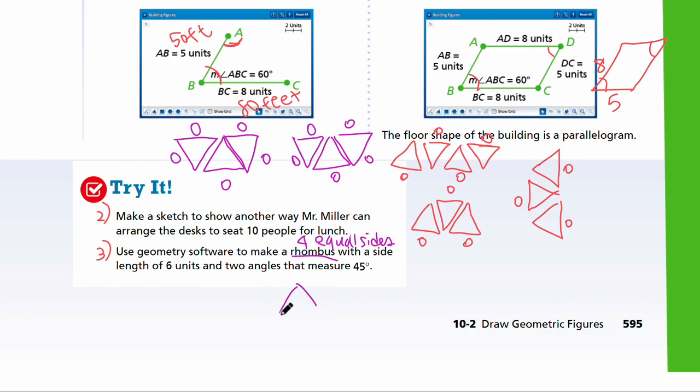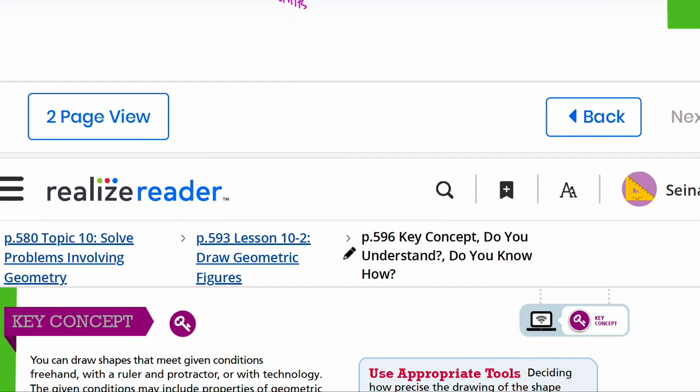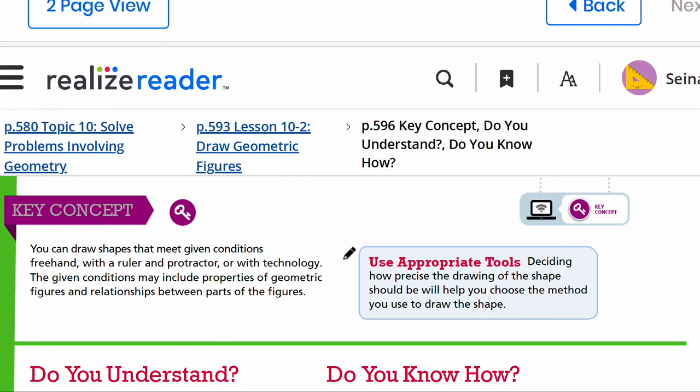So then it could be like that, as long as they're equal, and then each side would be 6 units. And then 2 angles that have to be 45 degrees. As long as 2 angles are 45 degrees and all sides are equal to each other, that would be a good rhombus.